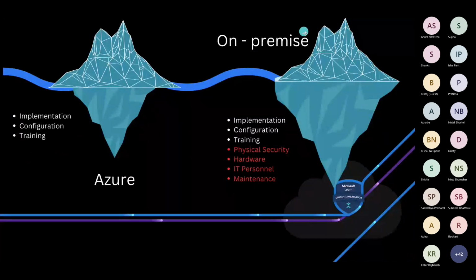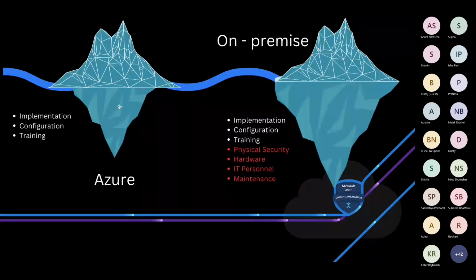Let's take this as the upper part of the lake, and this as the lower part of the lake. You feel like the amount of subscription is also equivalent to the cost for hardware, but what lies below it is what makes a difference.